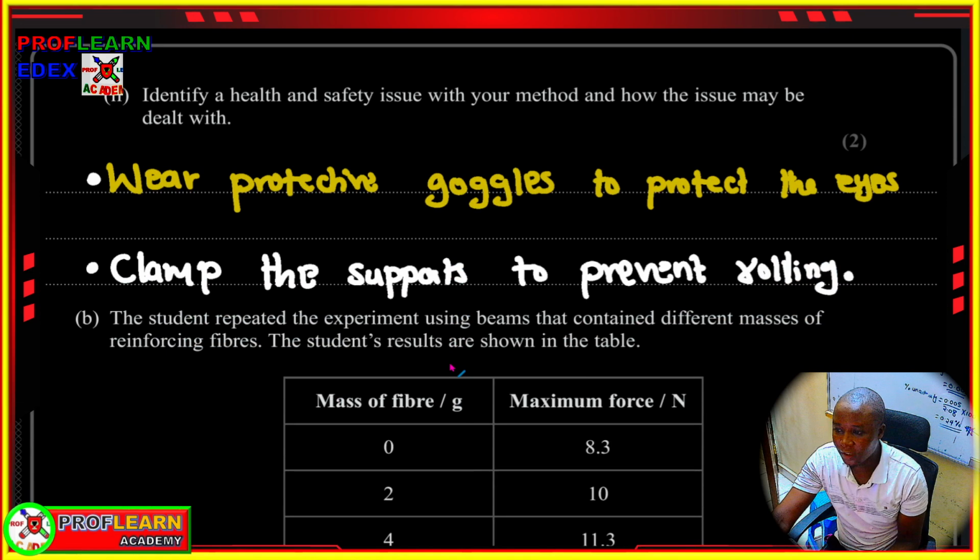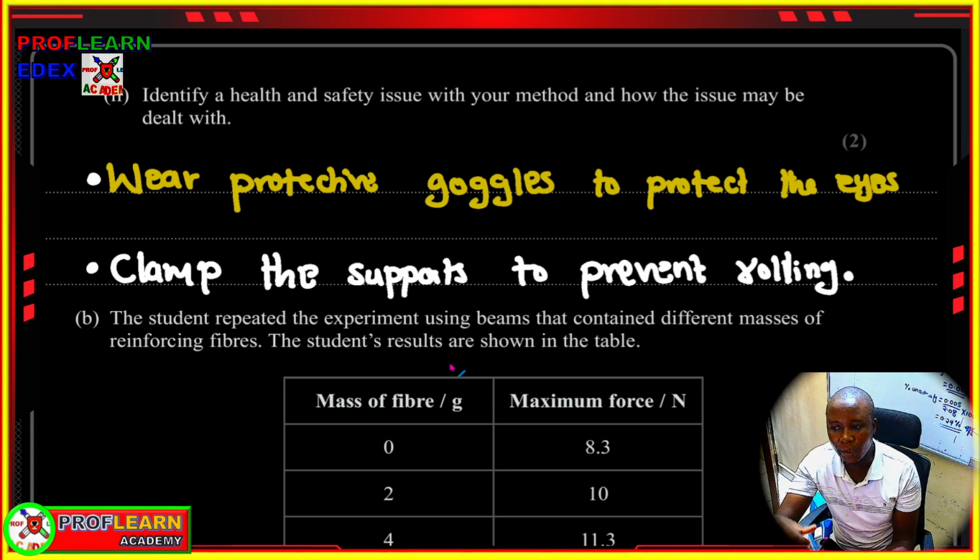Identify health and safety issues with your method. You can see here, if a beam cracks or breaks, there are some particles that can go into your eyes when it cracks. And also, when it cracks, some of the beam, that block, can fall onto your feet.